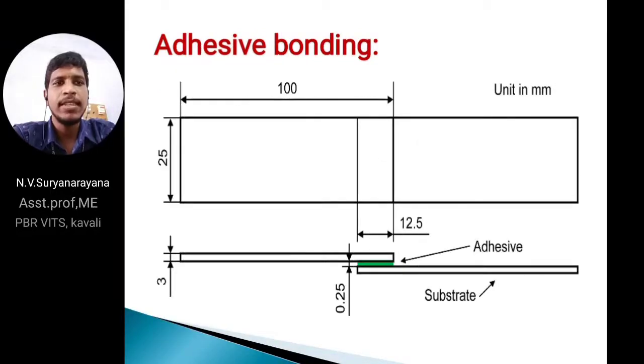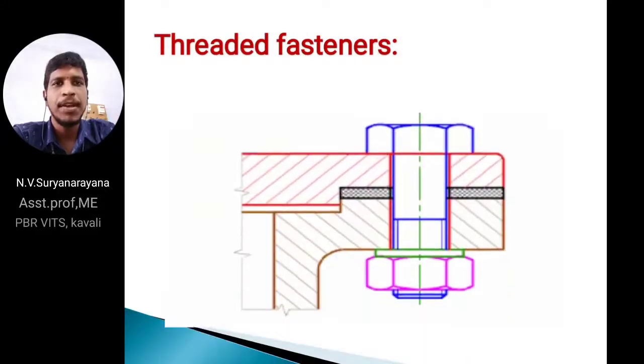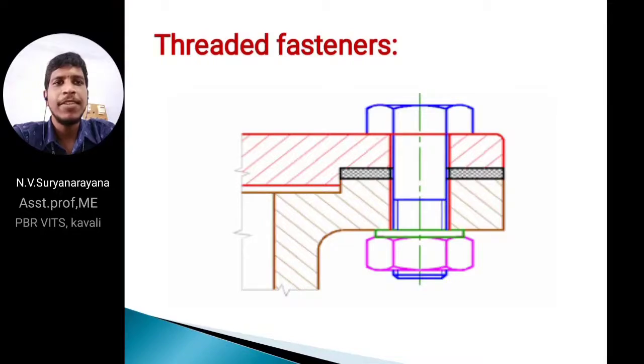In adhesive bonding, adhesive can be used to join two parts, similar or dissimilar metals. Next, threaded fasteners like bolt and nut joints.